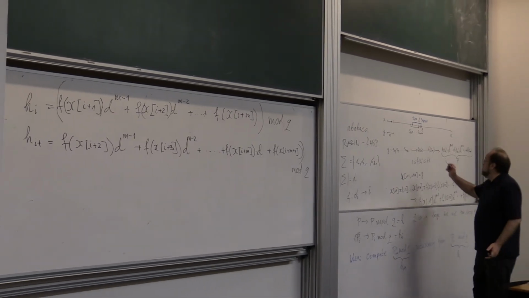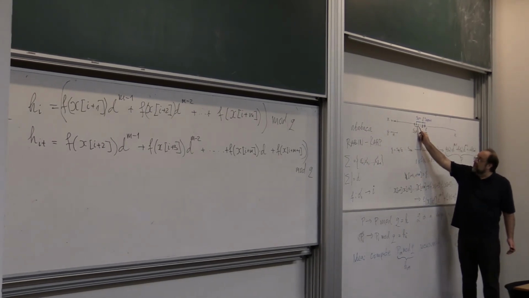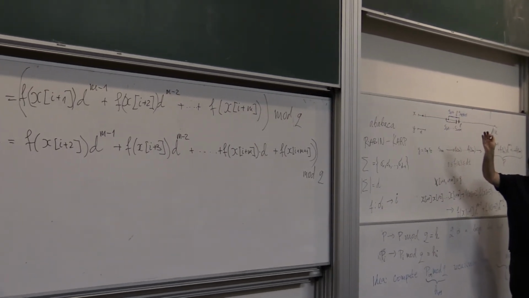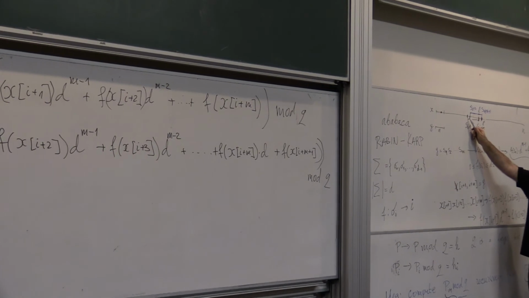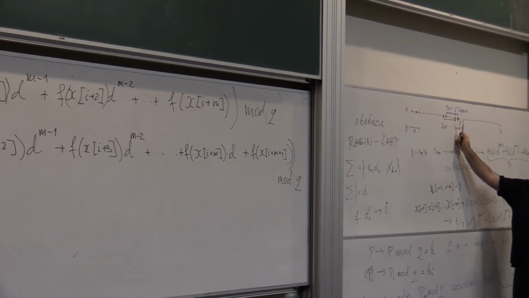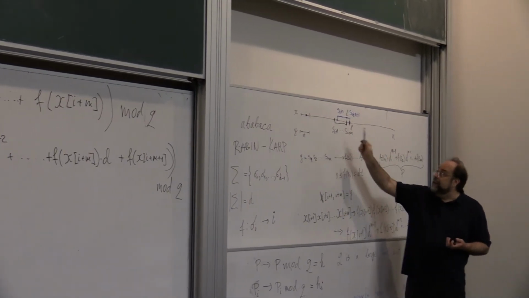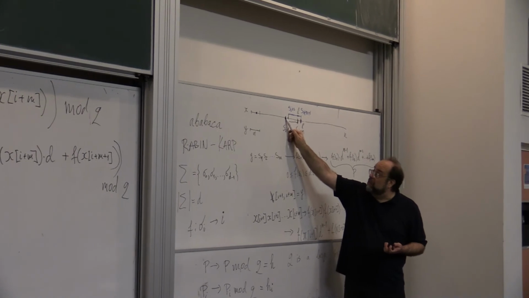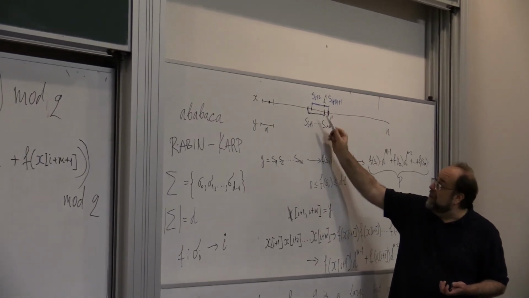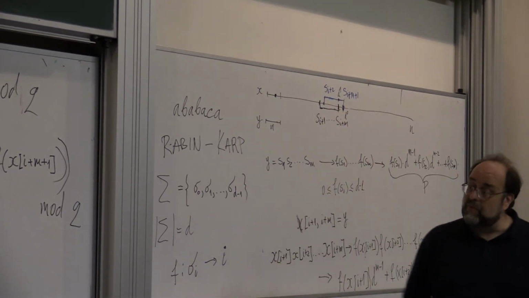So it's very simple. What do we do? We replace the symbols here with their indices. They can be seen as digits of a number in base d, because there are only d many different of them. Now, if you see them as digits, then this is the one with the highest power, m minus 1.